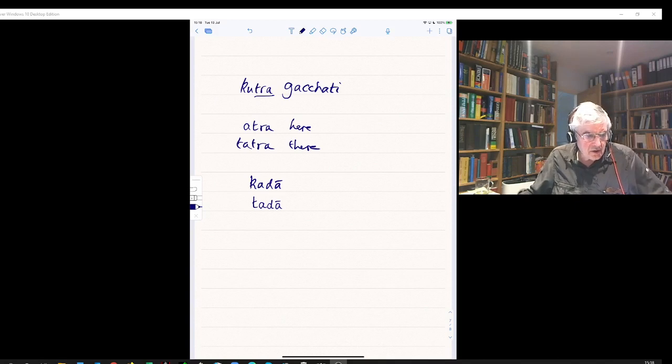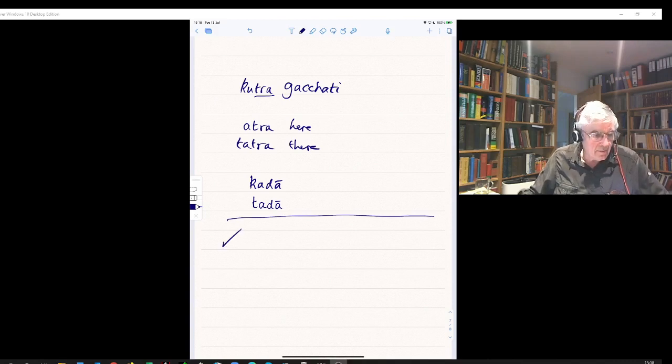We see here three roots, bhu, vas, and smri. Bhu, meaning to be, and he, she, or it is bhavati.